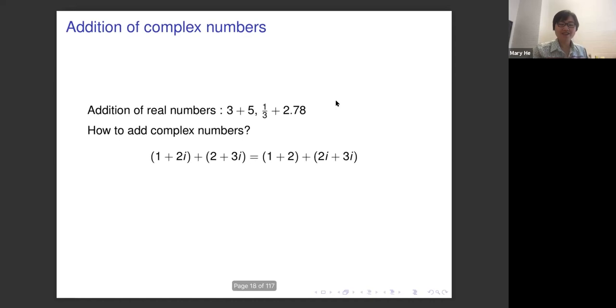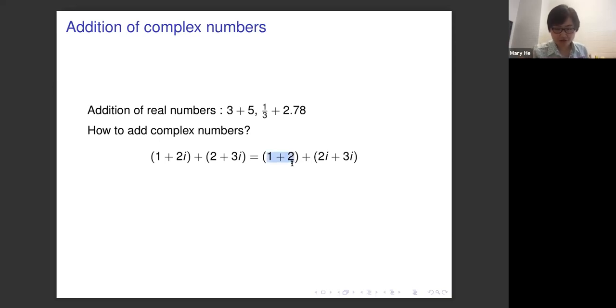Well, in general, you can think of 1 plus 2i and 2 plus 3i as 4 numbers, right? So just 1, 2i, 2, and 3i. And the way you add them is you look through these 4 numbers and you group the ones without i, and you also group the ones with i.